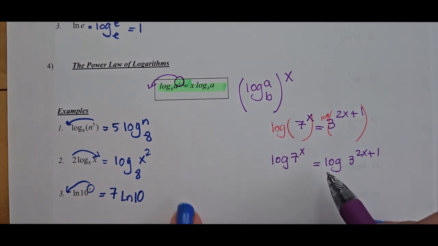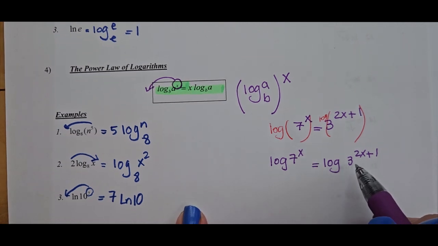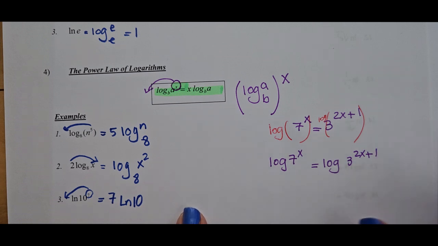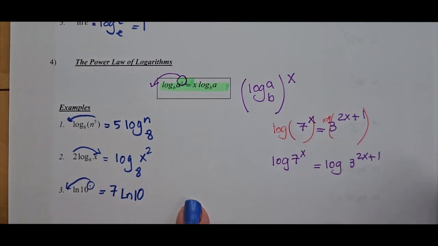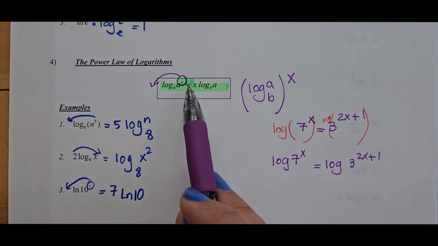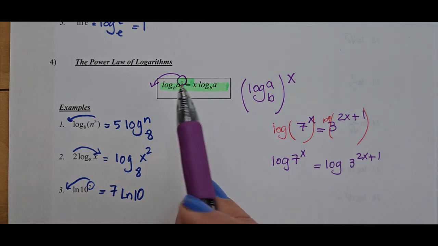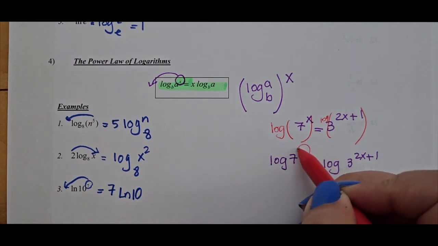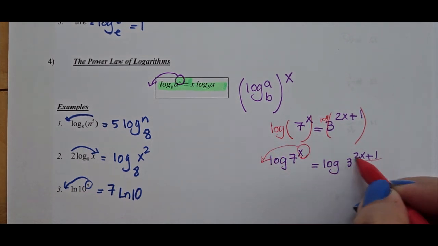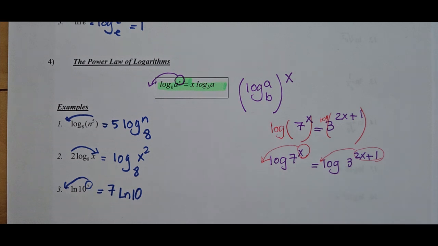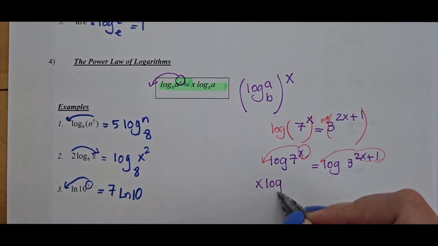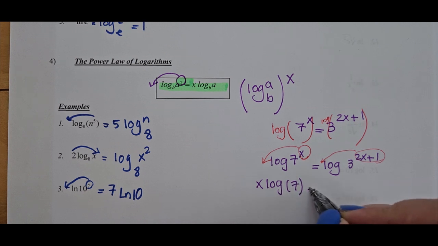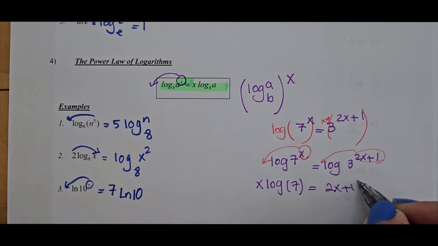So here, let's say logarithm 7 to the power x on one side, and on the other side, you have logarithm 3 to the power 2x plus 1. What you can do here is use exactly this rule, and you can move this power to the front, and this power to the front, right? So it will turn into x log 7 equals 2x plus 1 times log 3.